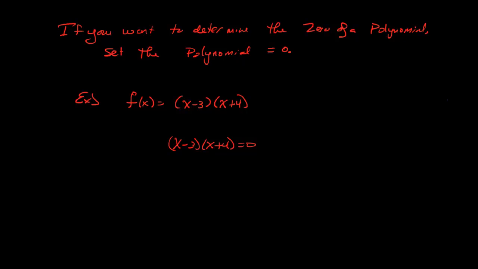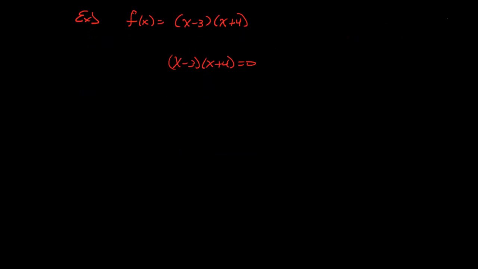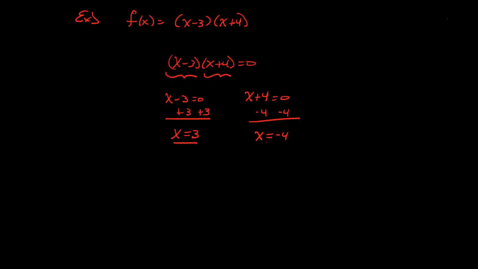And now we can use the zero product property, where since we're multiplying two terms and they're set equal to 0, we can set each of them equal to 0. So we add 3 and get x equals 3, and we subtract 4 and get x equals negative 4. So we have two zeros of this polynomial, at 3 and at negative 4. We could say that our zeros exist at (3, 0) and (negative 4, 0).